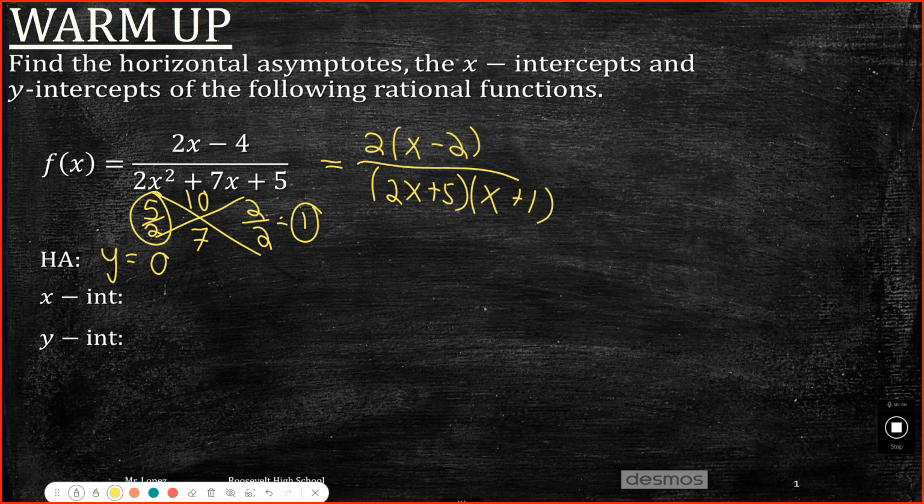Nothing cancels out. So if nothing cancels out, where do we find the x-intercept? Don't we find it here on top by setting it equal to 0?